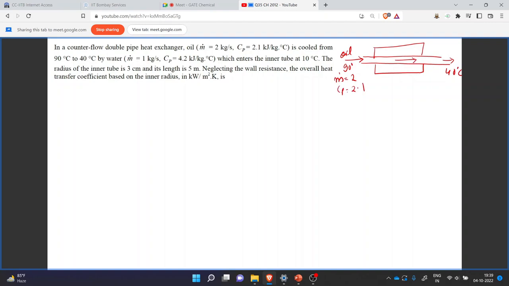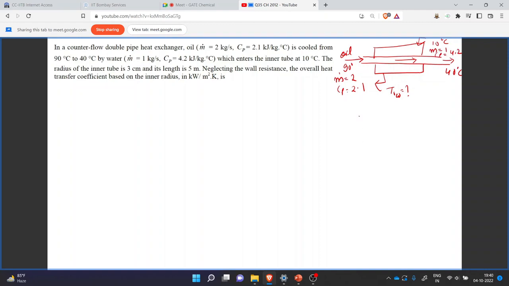This will be the flow direction, and the water will enter in the opposite direction in the outer tube, and the inlet temperature we have been given as 10 degrees Celsius. Outlet temperature T out of water we haven't been given, and we have been given mass flow rate as 1, Cp as 4.2.